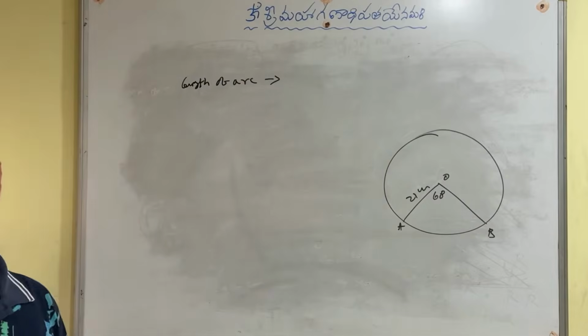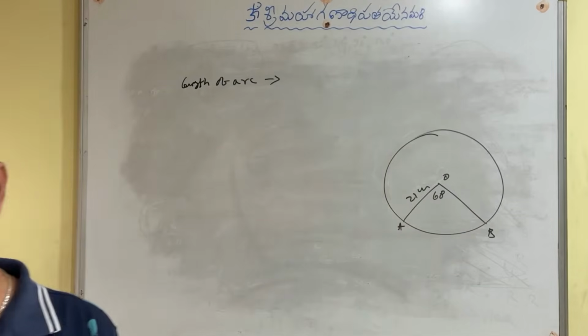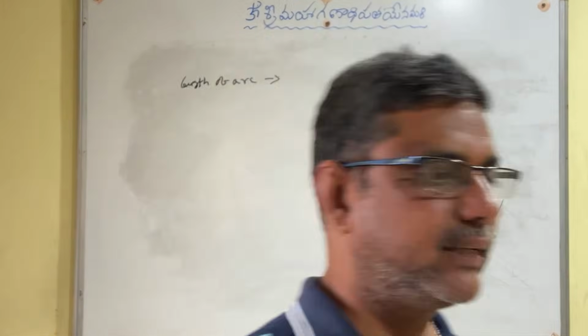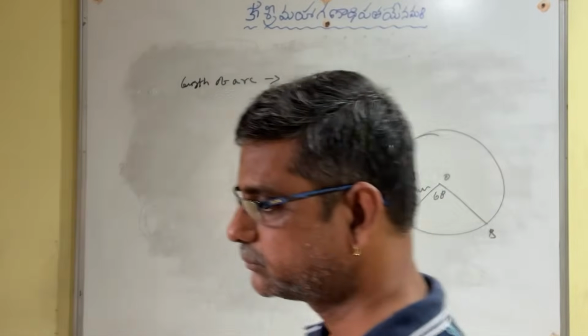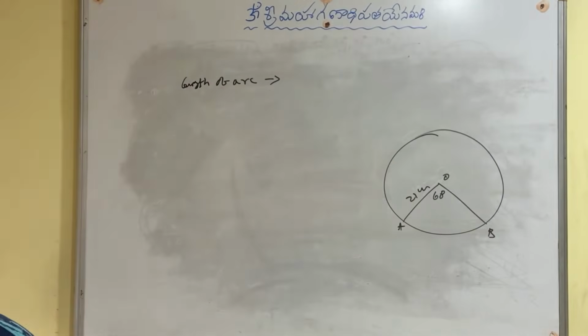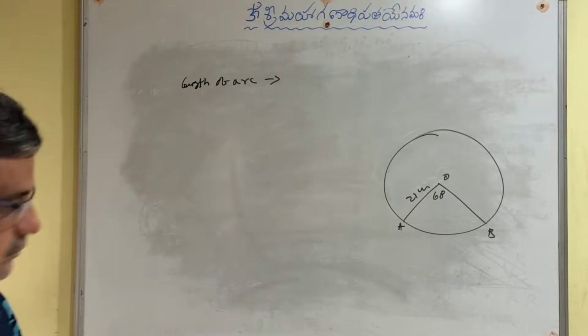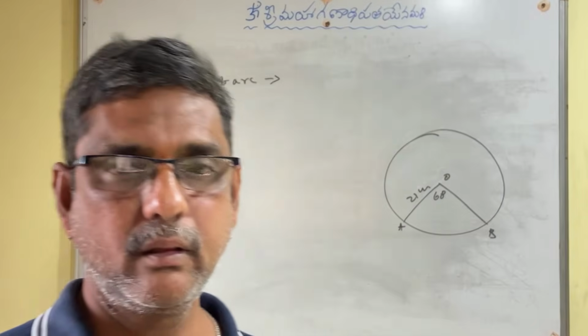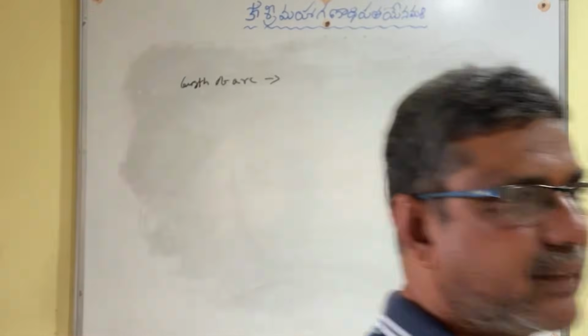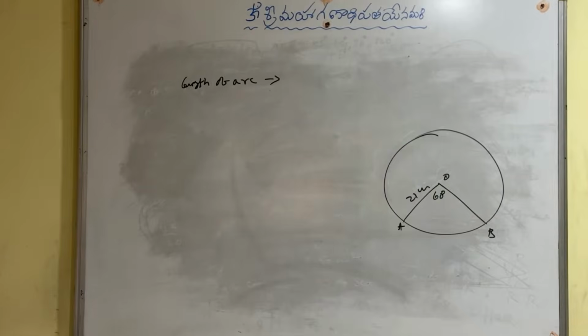What is the formula for the length of the arc, children? Fast. Length of the arc is theta by 360 into 2 pi r.